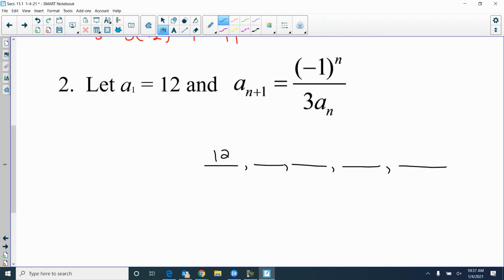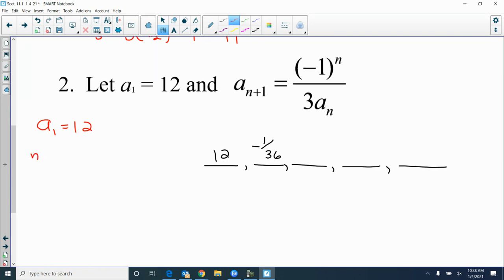All right, Tony, do you think you got it? I got negative 1/36. Yeah, negative 1/36. Okay, I am going to agree with that. That should be your second term. All right, let's take a look here. We know the first term is 12. Make sure you include that. Don't skip over that. To get the second term, you actually let n equal 1.